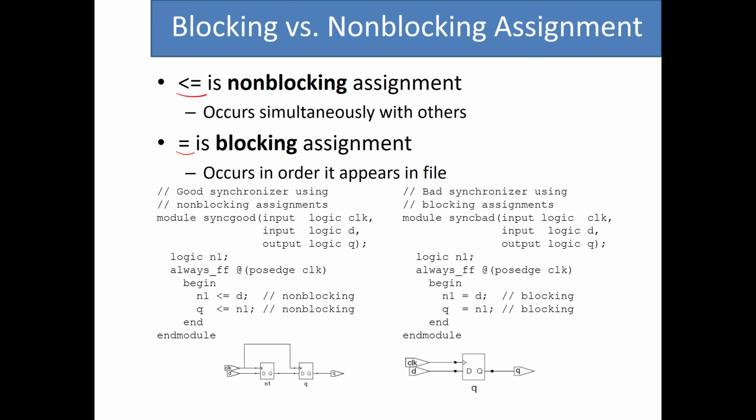So let's take a look at the module for a synchronizer, one using a blocking assignment and the other using a non-blocking assignment. The one with the blocking assignment is to the right, the one with the non-blocking is to the left. So we have the usual: module, end module, the name, the inputs.